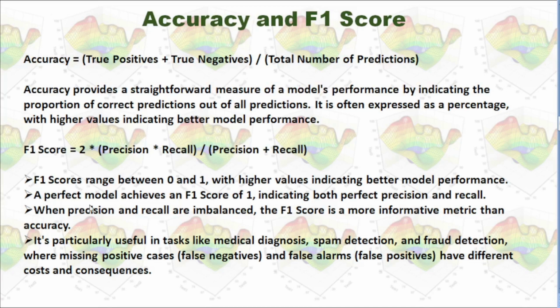A perfect model achieves an F1 score of 1, indicating both perfect precision and recall. When precision and recall are imbalanced, the F1 score is a more informative metric than accuracy.